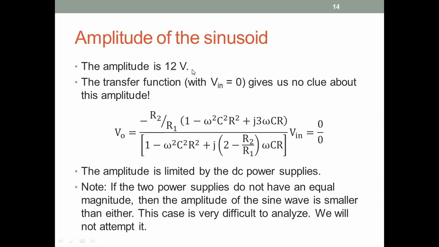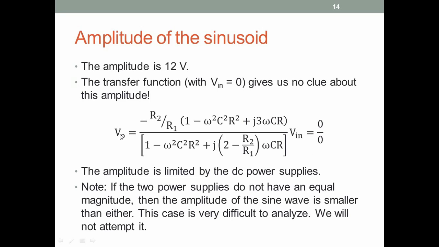But what if we try to determine this from the equation? So here is the equation once again, and the denominator is 0, the numerator is 0, VO is 0 by 0. This equation does not tell us what the amplitude of the output signal is.